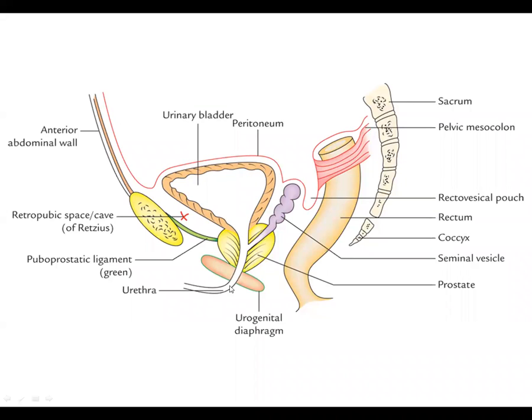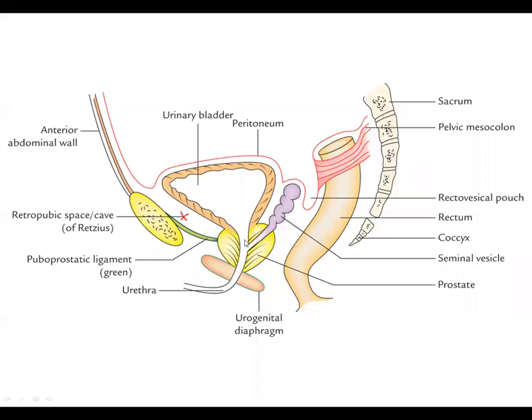This urethra is long in case of male, it is nearly 15 to 20 centimeters long, and in case of females, it is 3 to 4 centimeters long. It is short. Urethra is short in case of females. Now this urethra is a continuation of the neck of the urinary bladder.